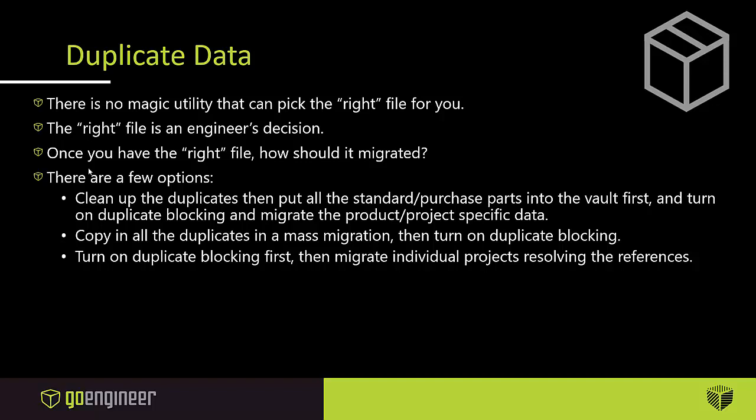It's probably the first place you should start to look, right? But it doesn't mean it's absolutely the right file, because unfortunately, when you have duplicate data out on the network drive, you could potentially have two different engineers modifying, quote unquote, the right file. And unbeknownst to each other, they don't know they're modifying a file with the same name.